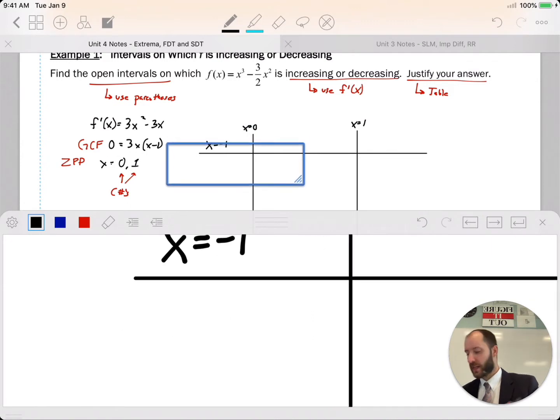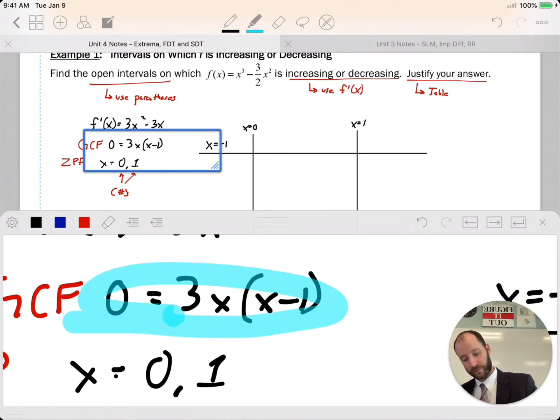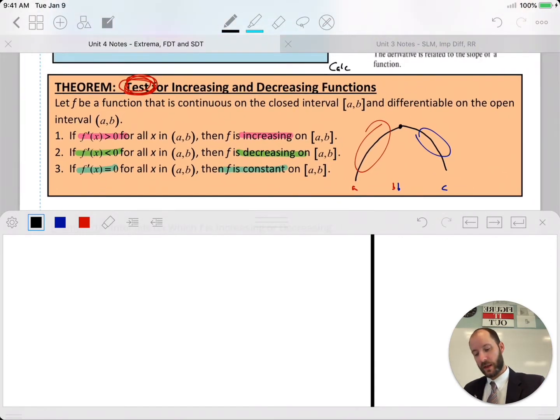And then plug negative 1 into your derivative. My advice in this problem, plug it into the factored derivative. Right there. Because we're only interested in whether the derivative is positive or negative.